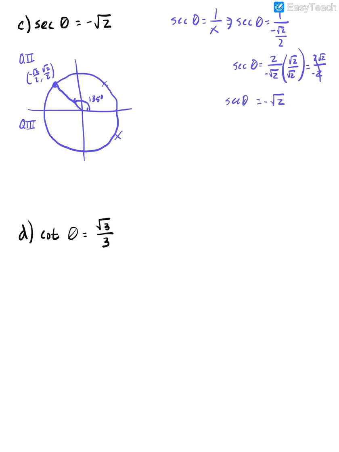Same thing happens in the third quadrant. This ordered pair, you still have a negative square root of 2 over 2 for your x. So the same thing happens, and that one's 225. Okay, so then these are your two answers: 135 and 225.